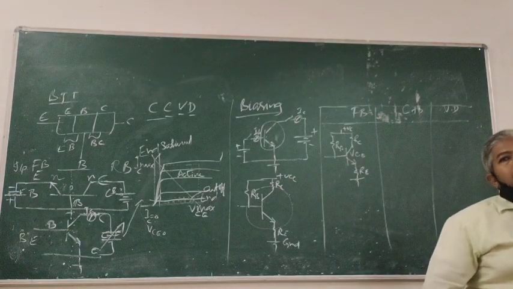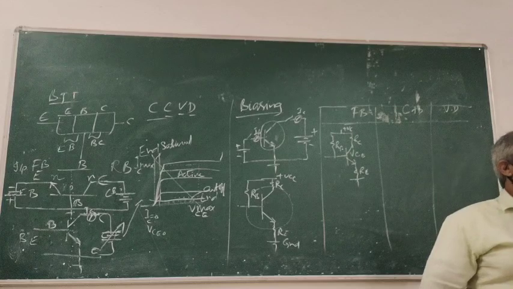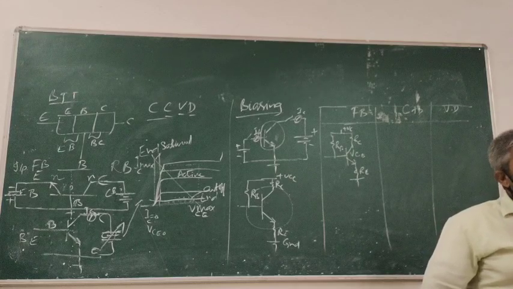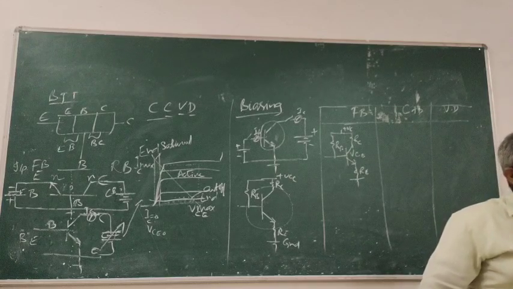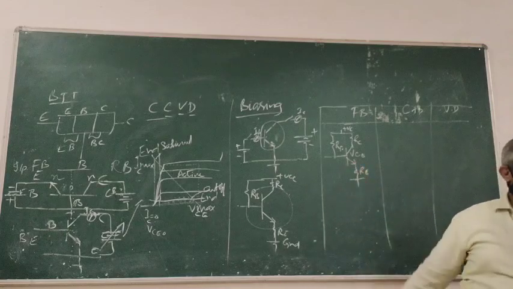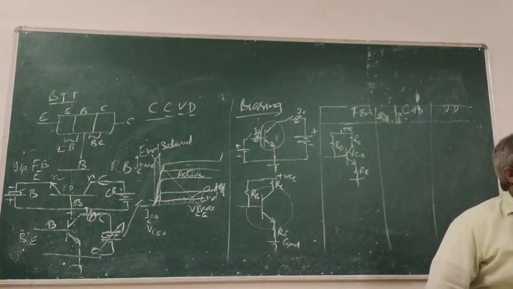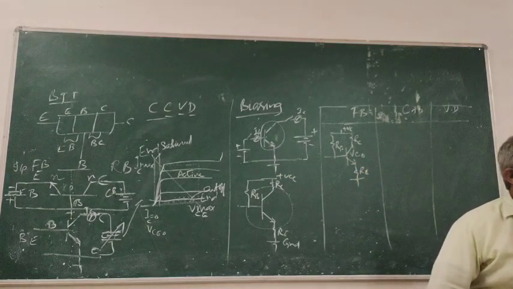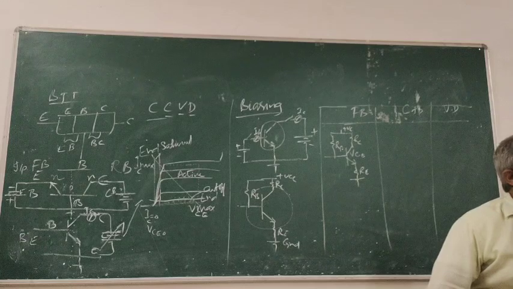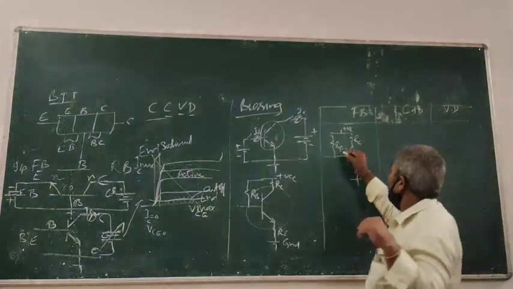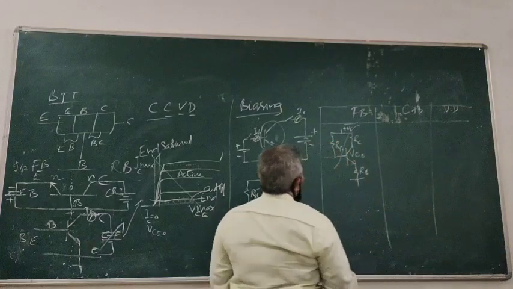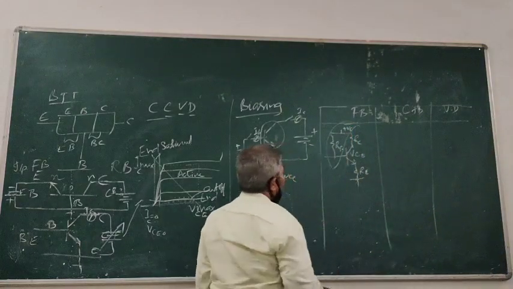Then we have to change the complete design of the transistor amplifier. That is the big drawback of that. Clear? So here, in this case, we are going to take the thing.